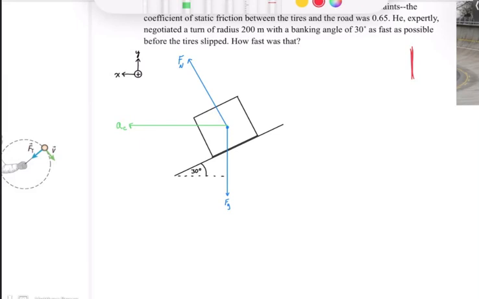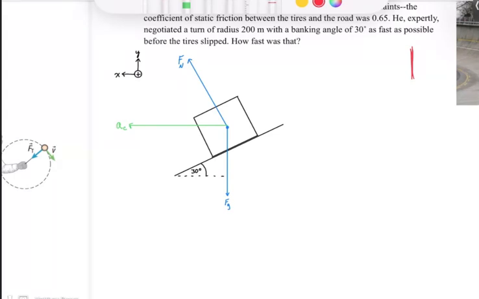So I define it this way. I drew the force of gravity, which we know is directly down, and I drew the normal force. This block I've got here is the bus. We're told that it's a bank angle of 30 degrees, so we've got that.